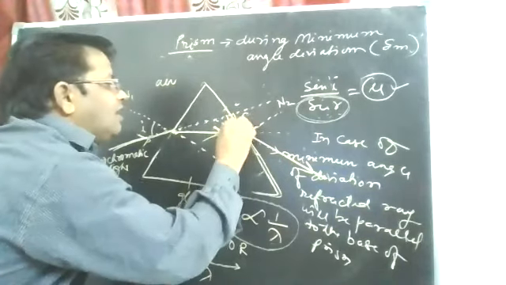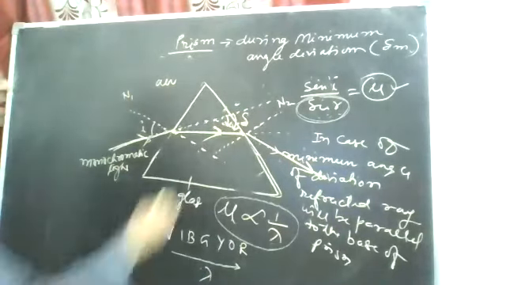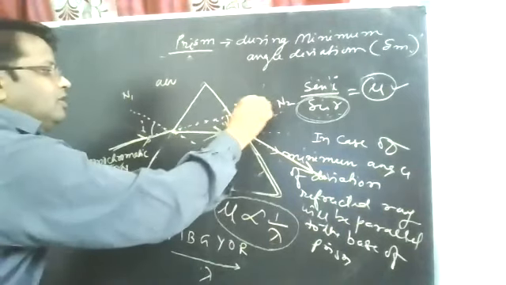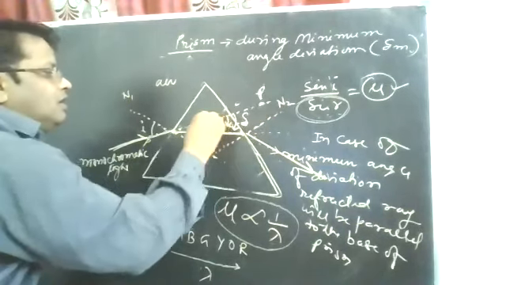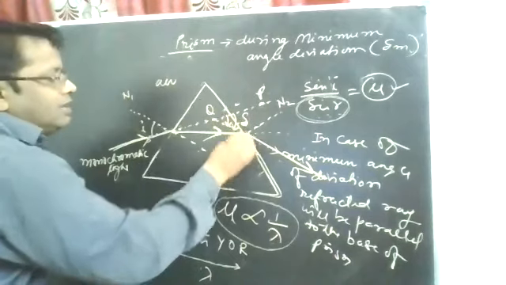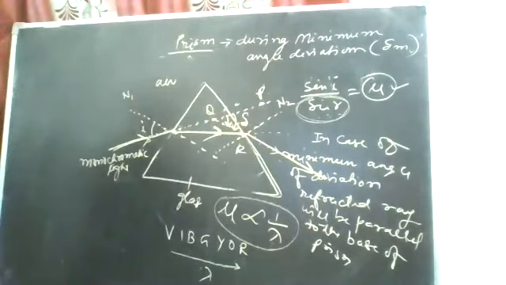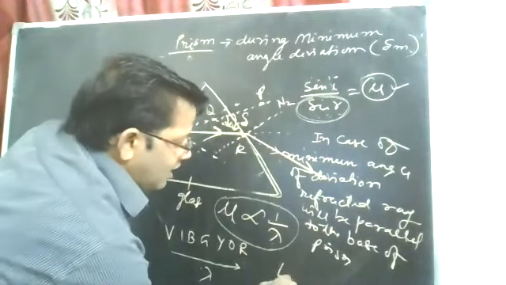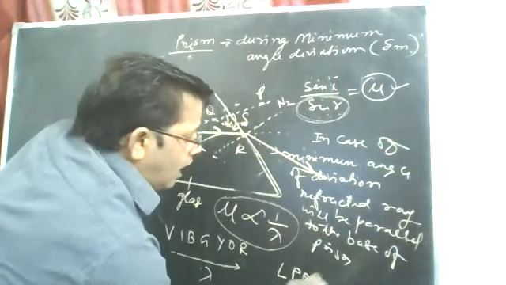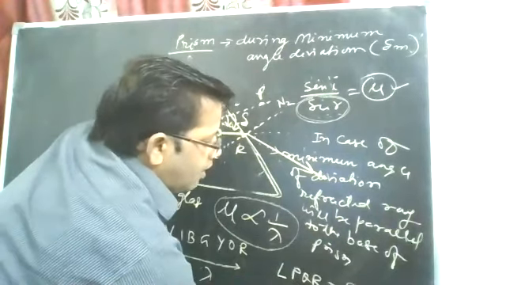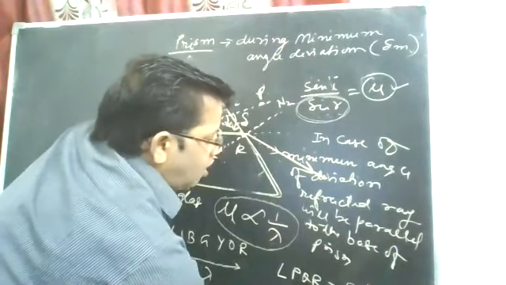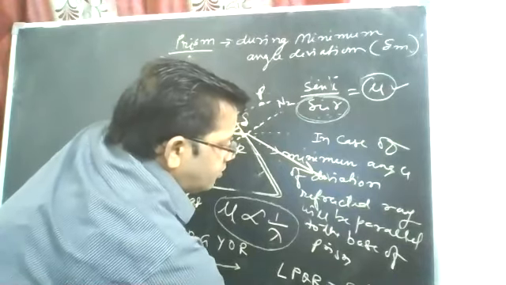Let this be P, this be Q, and this be R. Angle PQR is called delta, the angle of deviation.